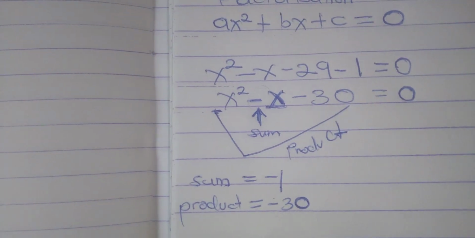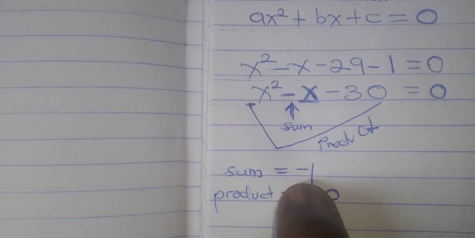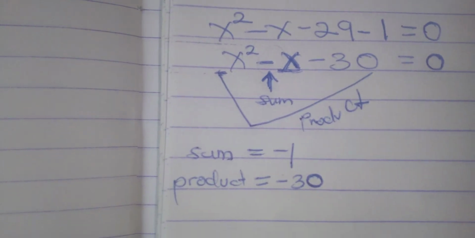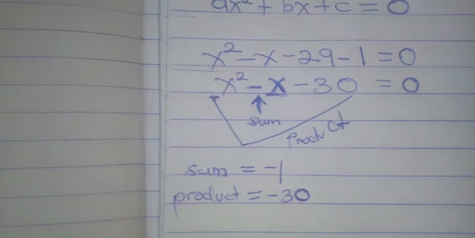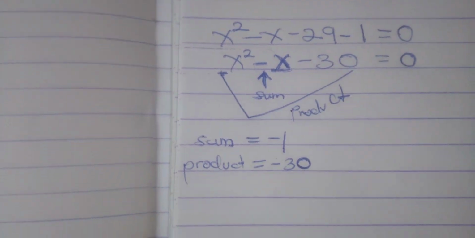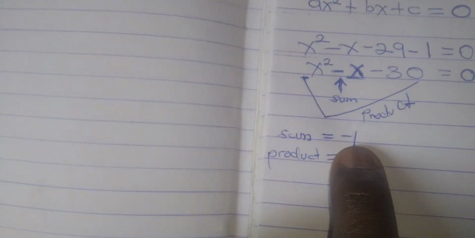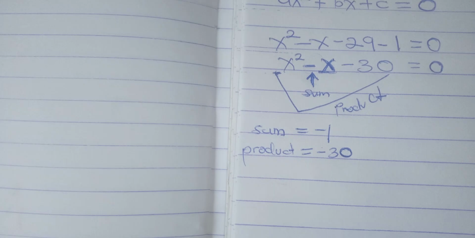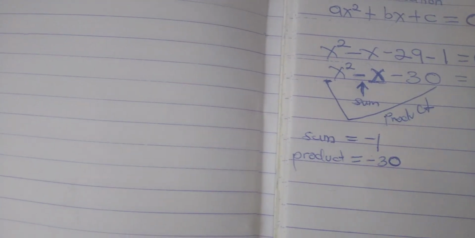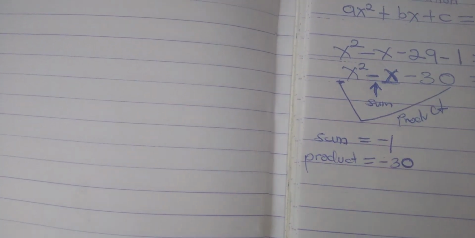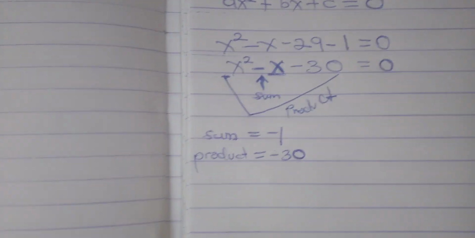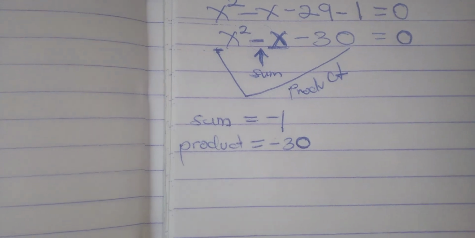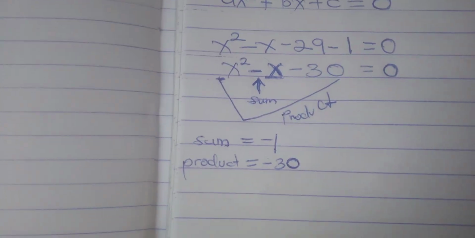Those two numbers should have a close difference of 1. I can multiply 3 times 10 to get 30, but is there a difference of 1? When I multiply 5 times 6, I get 30, and from 5 to 6 there is that difference of 1. So those two numbers are 5 and 6.